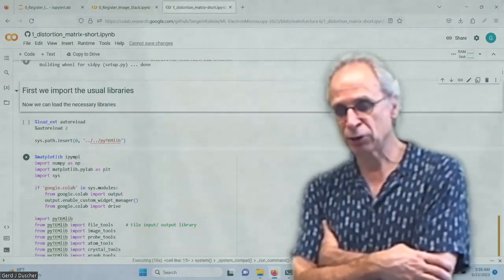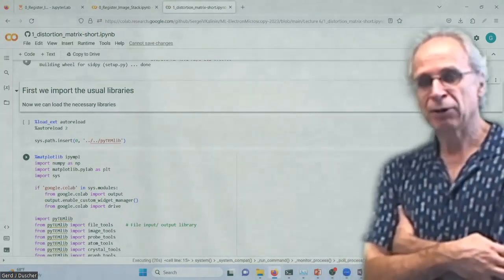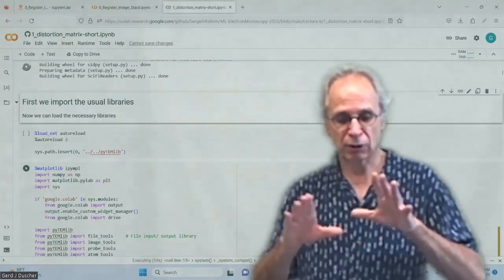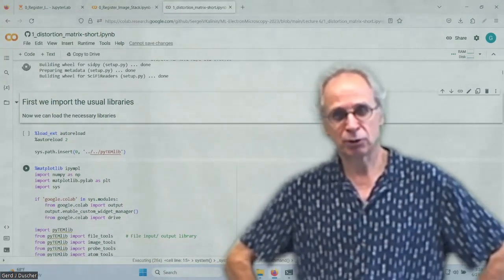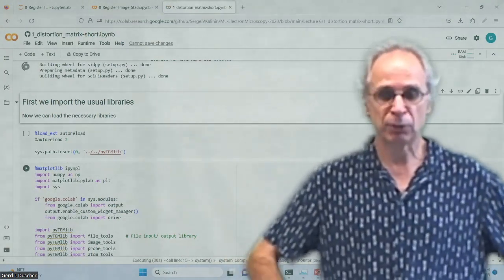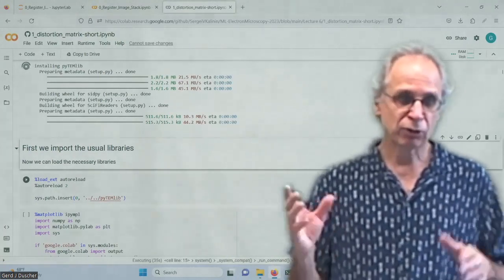So that's all we're going to do. And we have one other notebook still where we are doing the graph theory, and that's where you can see how the strain and so on are determined of an image.